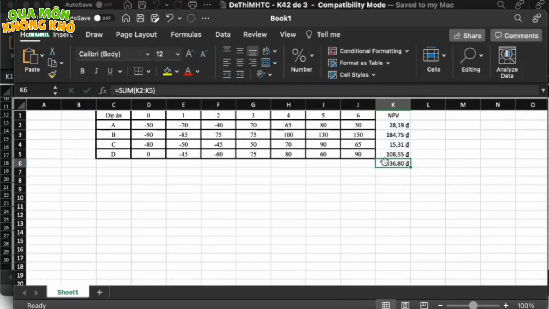And this is our target, our goal, to simulate the total NPV of 4 projects. We don't need to simulate each project. We just simulate the total NPV of 4 projects. Okay.